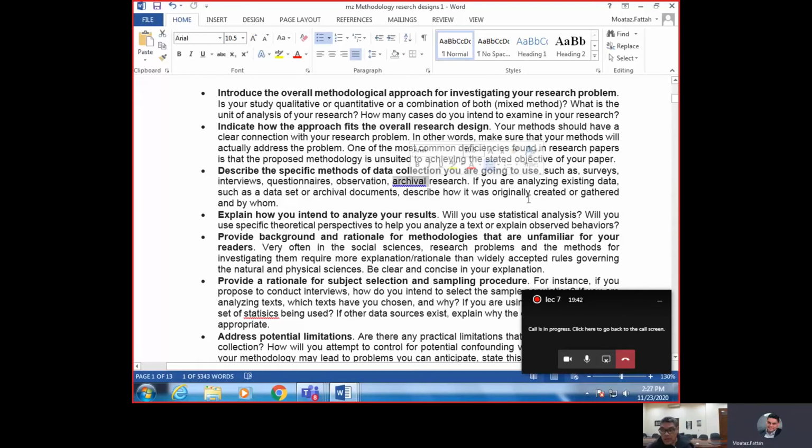Okay. If you are analyzing existing data, such as a data set or archival documents, describe how it was originally created or gathered and by whom. If you have secondary sources and you will be using secondary sources, you need to tell me, okay, XYZ, this person wrote a dissertation about this topic, and he kept collecting this data for a whole year.